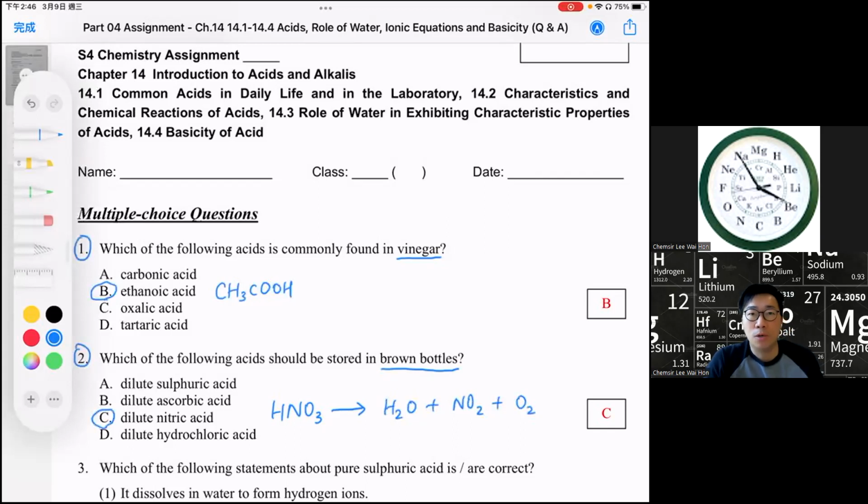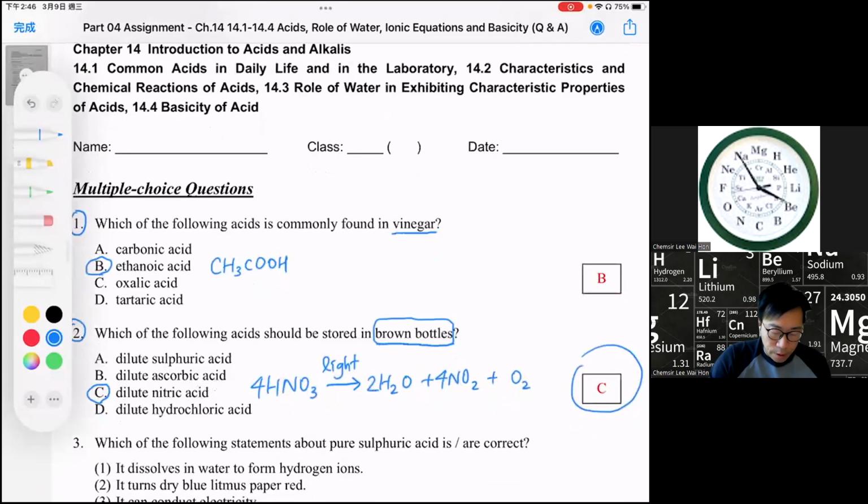Is this equation balanced already? Of course, no. You need to add 4, 2, and 4 here to balance this equation. So by using brown bottles, the decomposition can be slowed down because this decomposition is speeded up by light. So make sure you know.